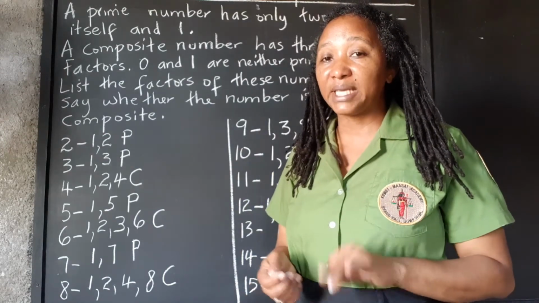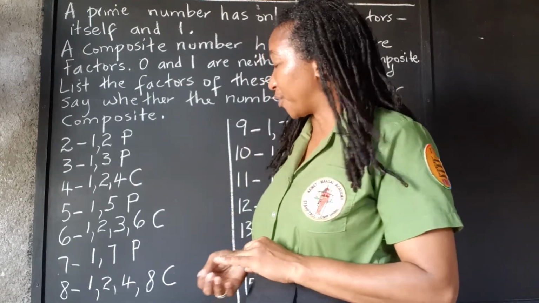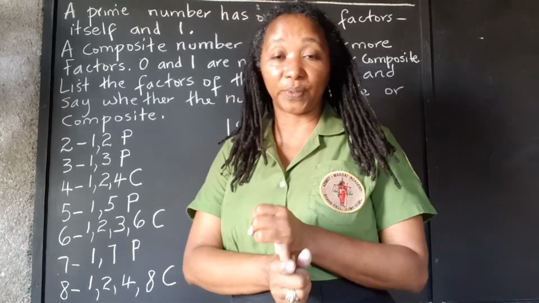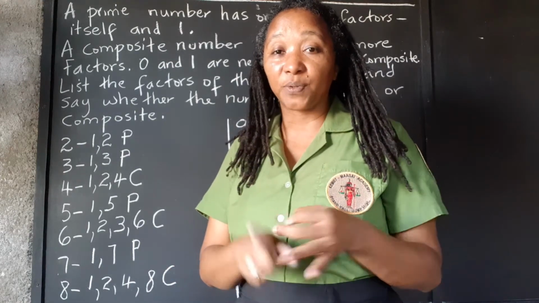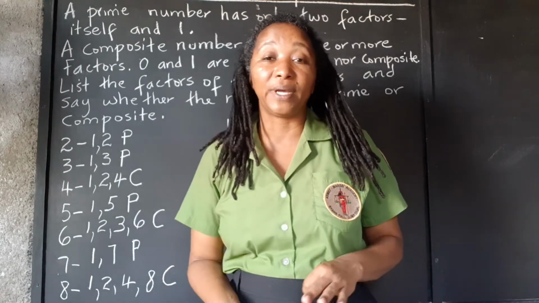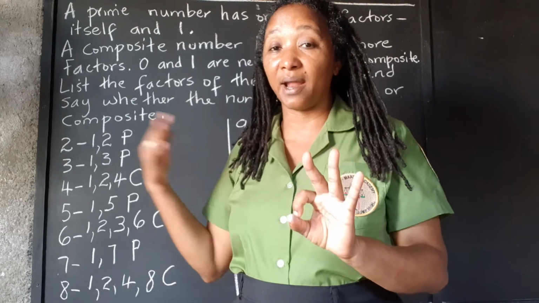If the number is even, 2 can go into it. Therefore, it means that 1 can go into it, 2 can go into it, and it can go into itself. So if the number is even, we know it automatically has at least 3 factors, can have more.